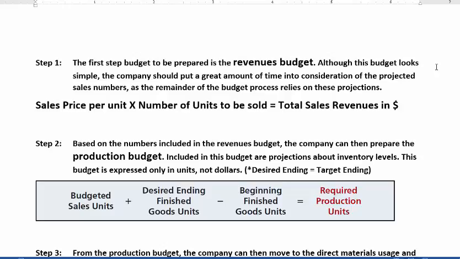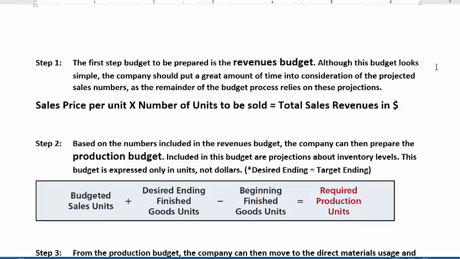They're going to even look into the anticipated advertising and promotion that's going to be done. They're going to consider the previous market share, price changes, and even technological developments. All of these things need to be considered when we're putting together this first very important budget, the sales and revenues budget.